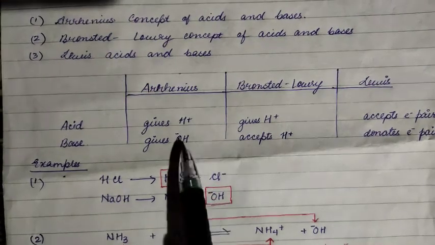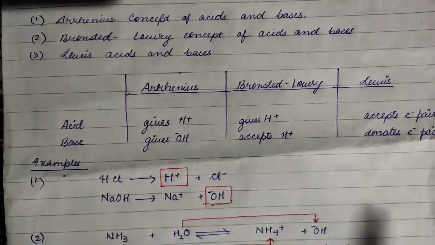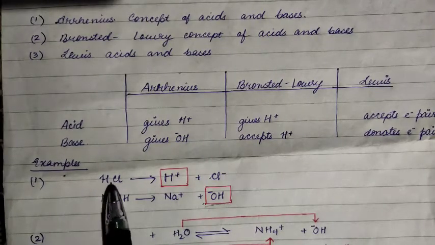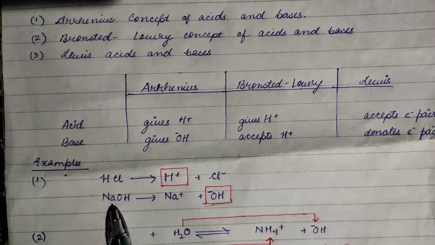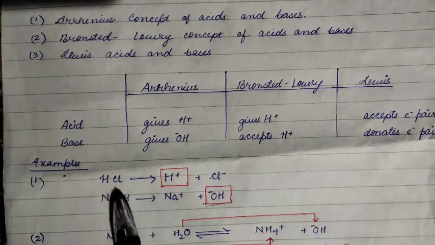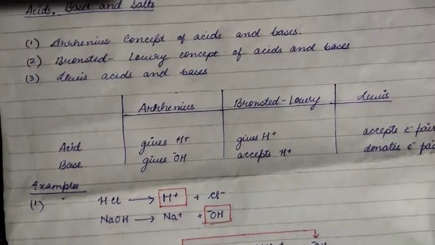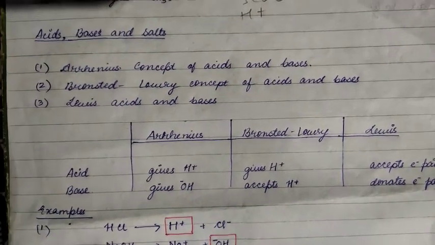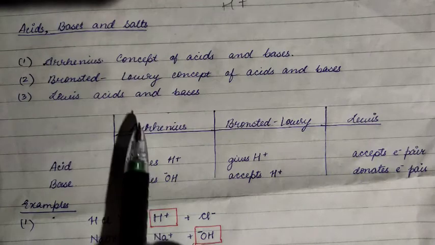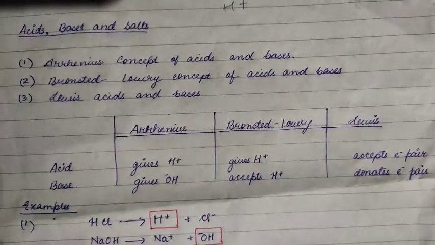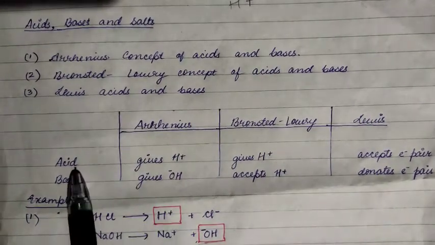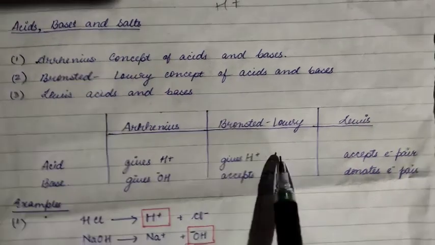So this goes along with the definition of a base. So hydrochloric acid and sodium hydroxide are examples of an Arrhenius acid and base respectively. I hope this is clear. The next definition is the Bronsted-Lowry concept of acids and bases, and the chart is given regarding the hydrogen ion.